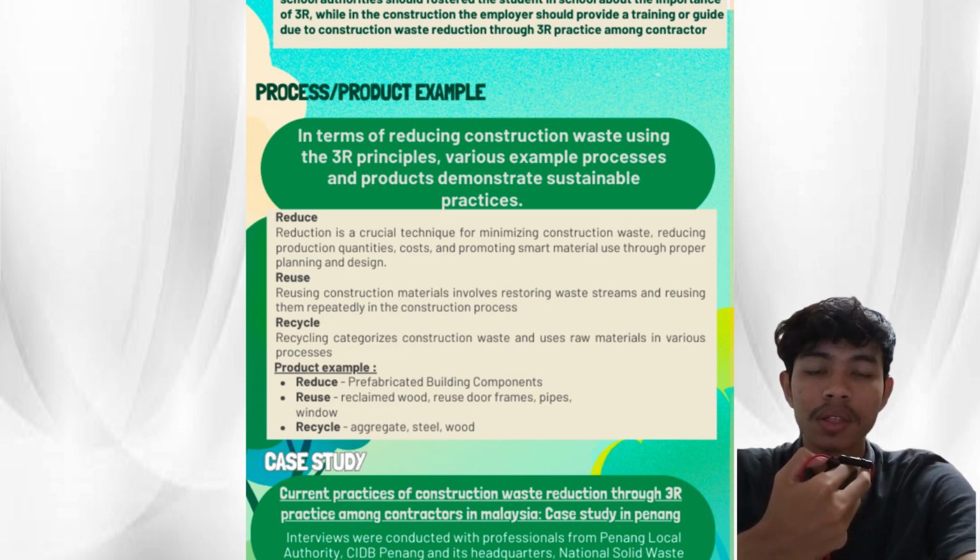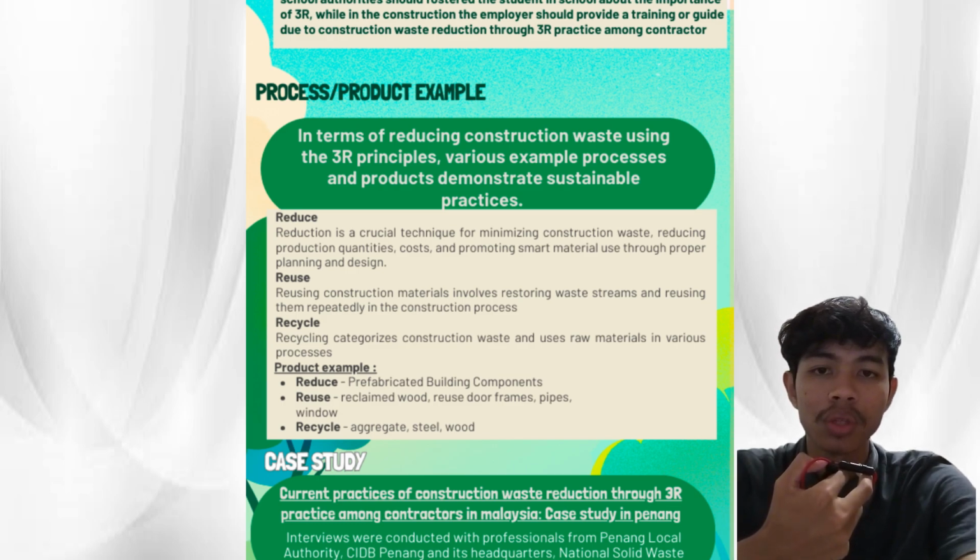Lastly, let's discuss recycling. Recycling entails categorizing construction waste appropriately and then repurposing the raw material for other use. For example, concrete waste can be crushed and used as aggregate.